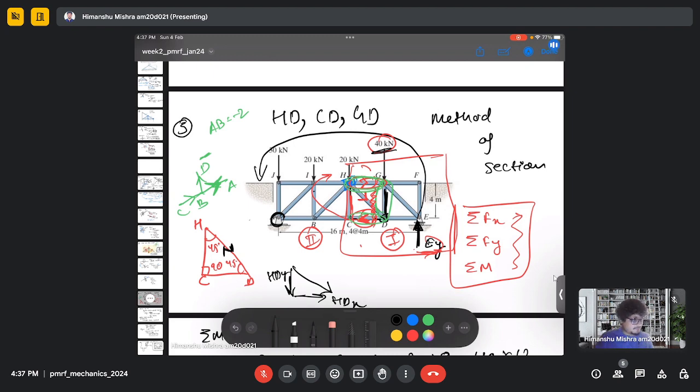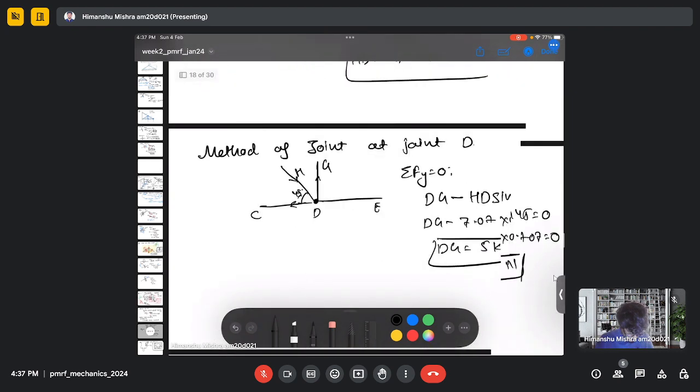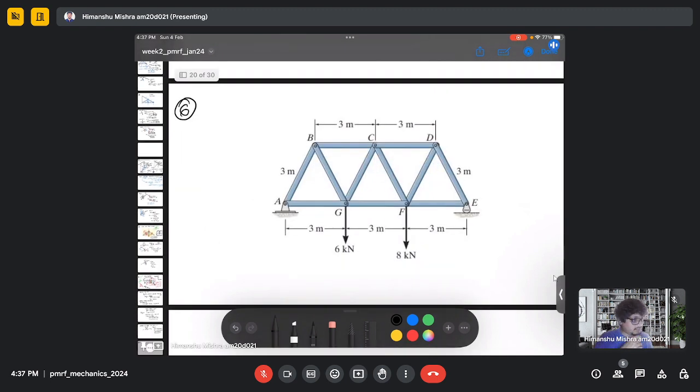So let's solve another question by using the method of section. Here we need to calculate the force at BC, CG, and GF. This one, and this one.